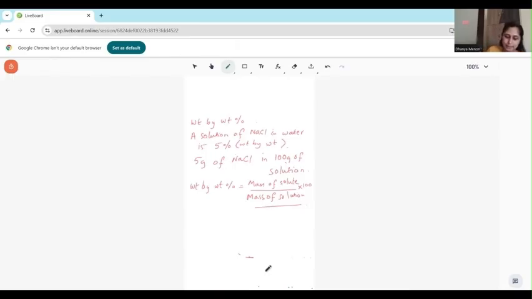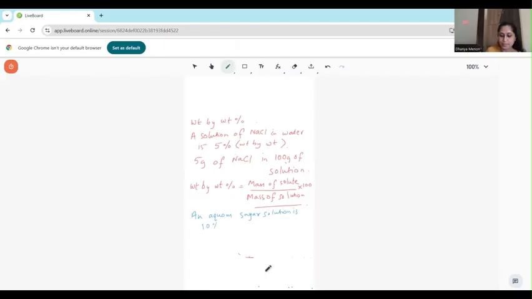For example, suppose an aqueous solution, sugar solution, is 10% weight by weight.